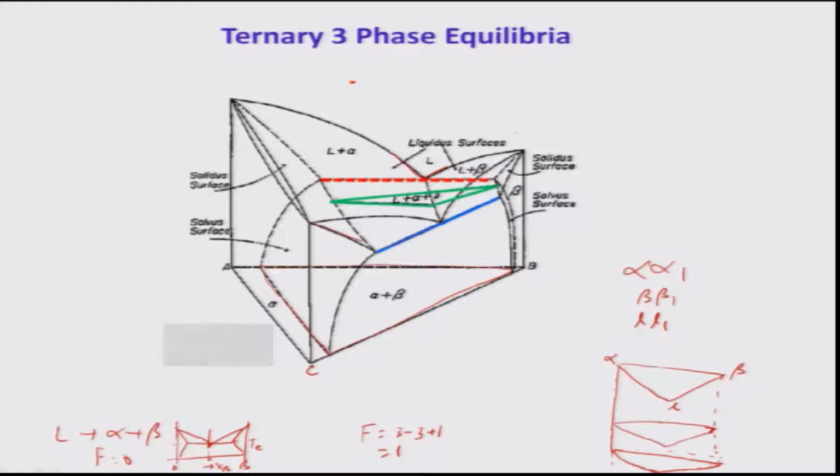As you go down in temperature, the shape of the triangle changes. That is what I showed you. So this is my temperature, and this is how the triangles will keep on changing. Basically, the composition of the 3 phases will keep on changing as a function of temperature, so the positions of each of the vertices of the triangle will also change.